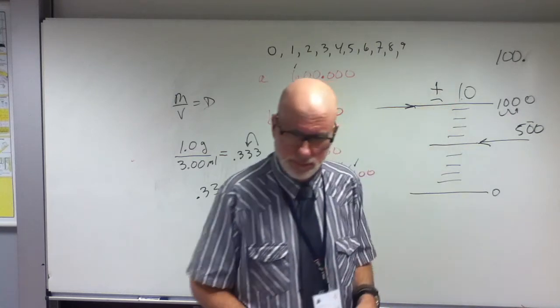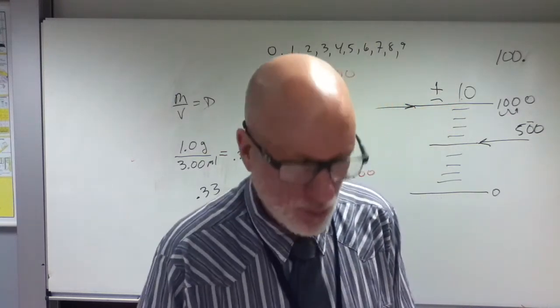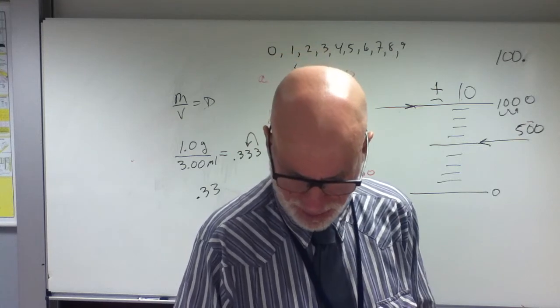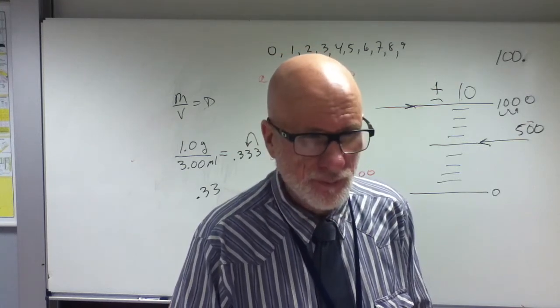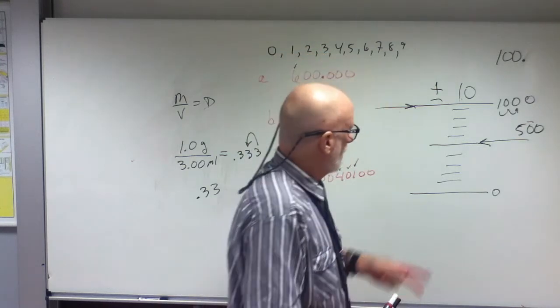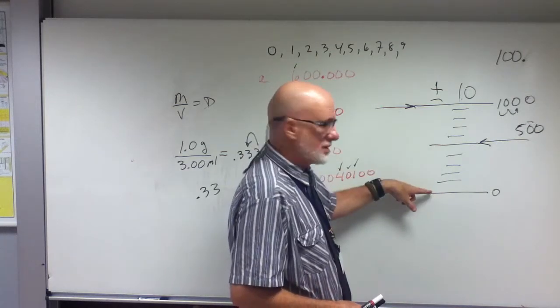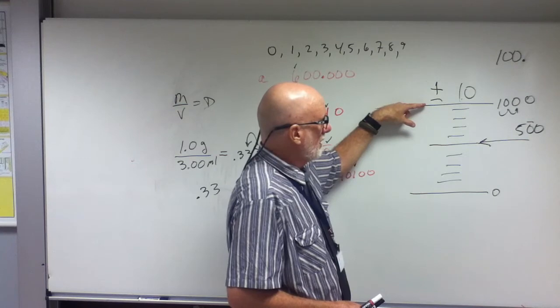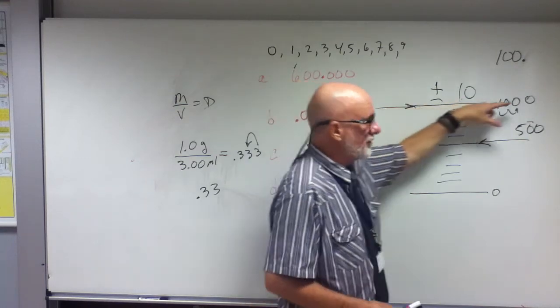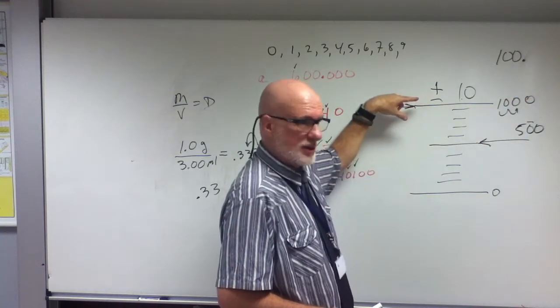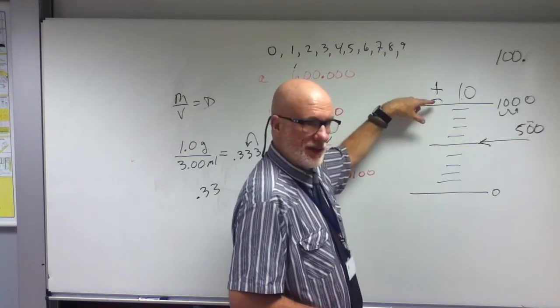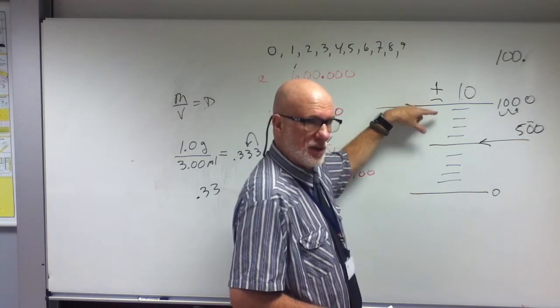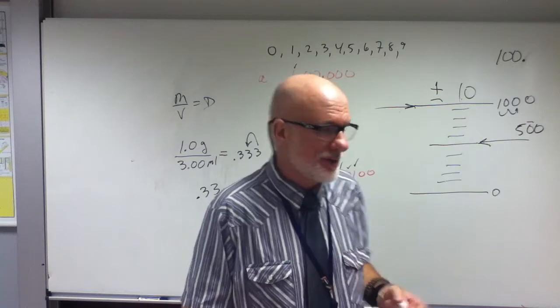You still count the zeros as significant? What zeros? 300? Well, if this is 0 and that's 1,000, not all of the zeros in the 1,000 would be significant, because the estimated place value is 10.